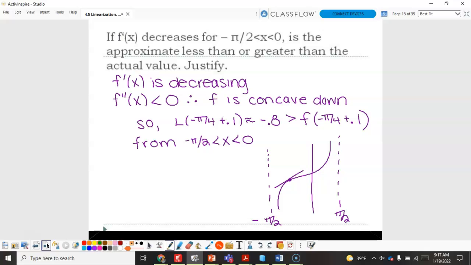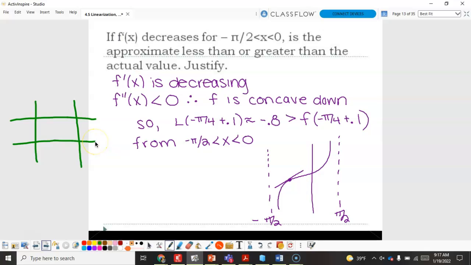All right, if f prime of x decreases from negative pi halves to 0, is that approximation going to be greater than or less than? If f prime decreases, then think about where you are in the chart.